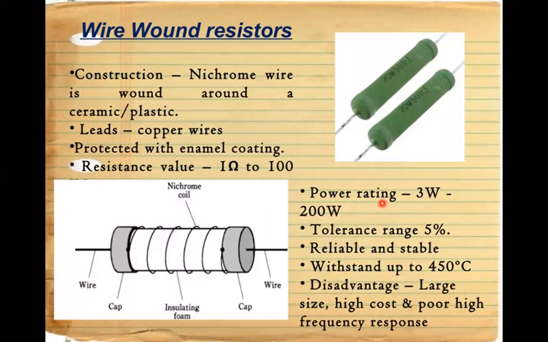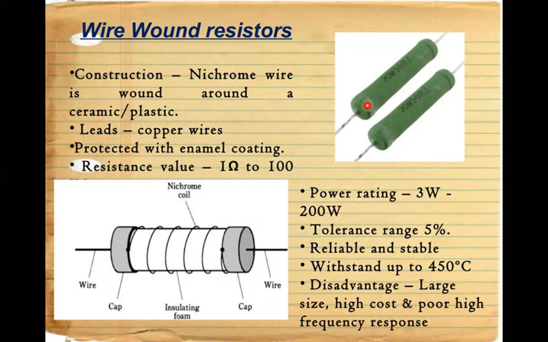Wire wound resistors. It is made up of nichrome wire wound around a ceramic or plastic. Leads are copper wires protected with enamel coating. So this is not an insulating coating, this is an enamel coating. Enamel coating is nothing but, like you can see in nail polish, a kind of coating.